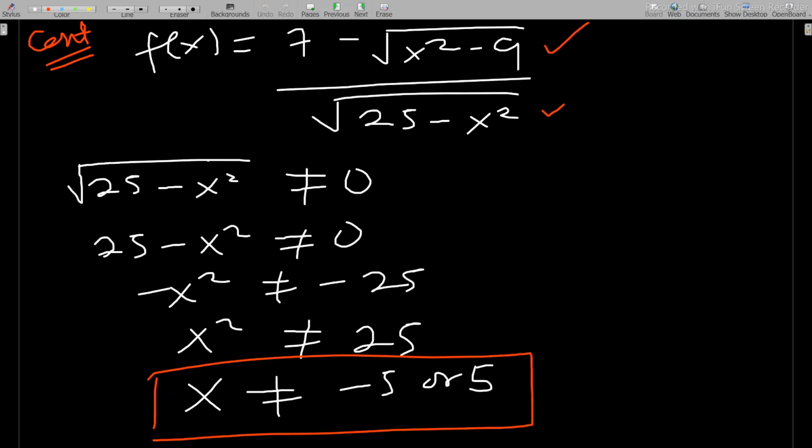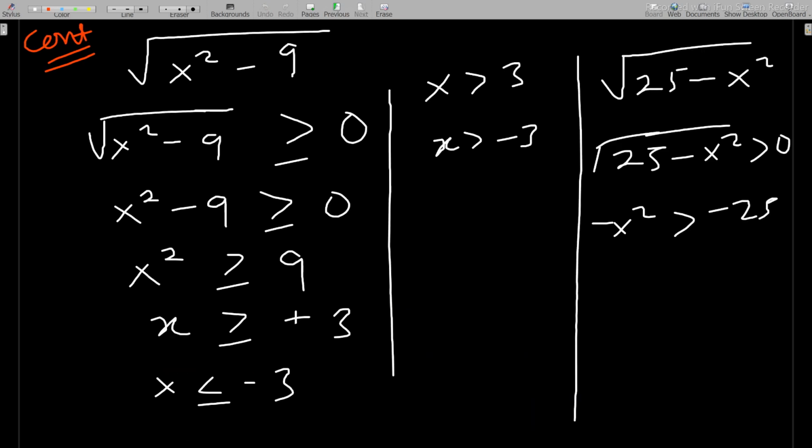When I divide through by negative 1, I'll have x squared less than 25, so x is between negative 5 and 5. Think about it: does it work?